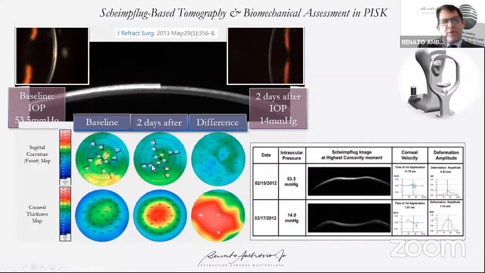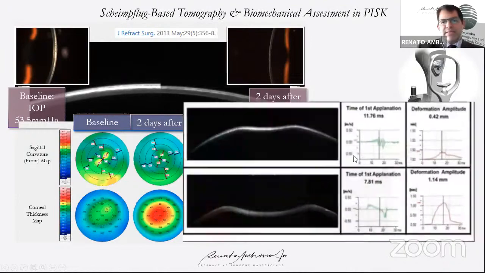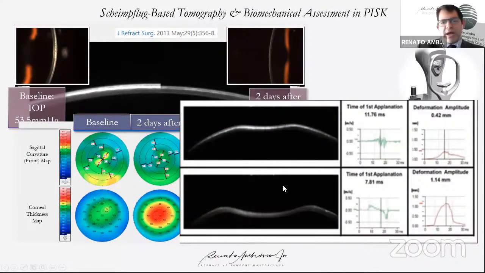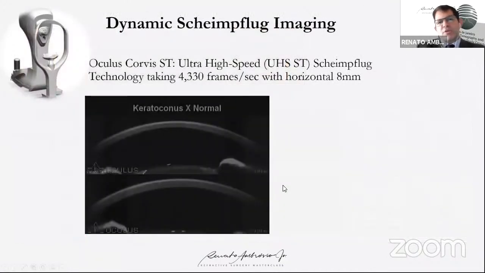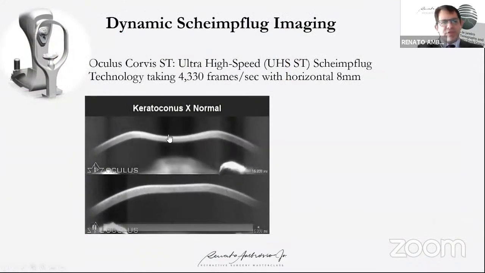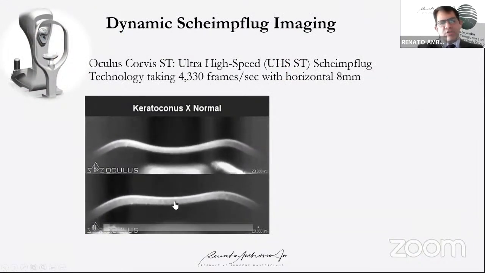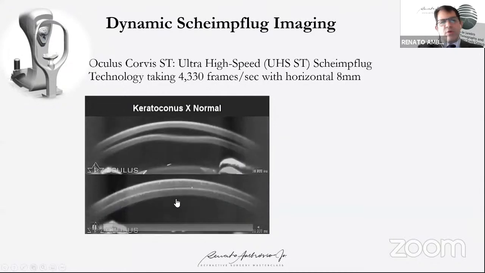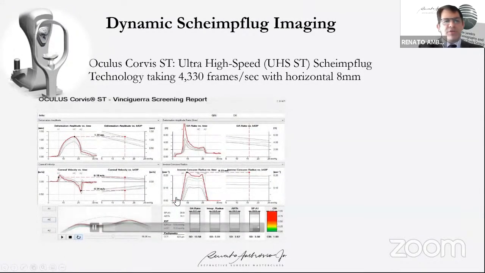And after decreasing the pressure, you see a dramatic change in corneal shape and also the deformation response that you can see after the decrease. So IOP has a bidirectional influence. When we see this deformation of a keratoconic cornea and a strong cornea, a patient with a normal strong cornea, we have to consider IOP, and we have the biomechanically compensated IOP based on finite element models by the Elsheikh group.